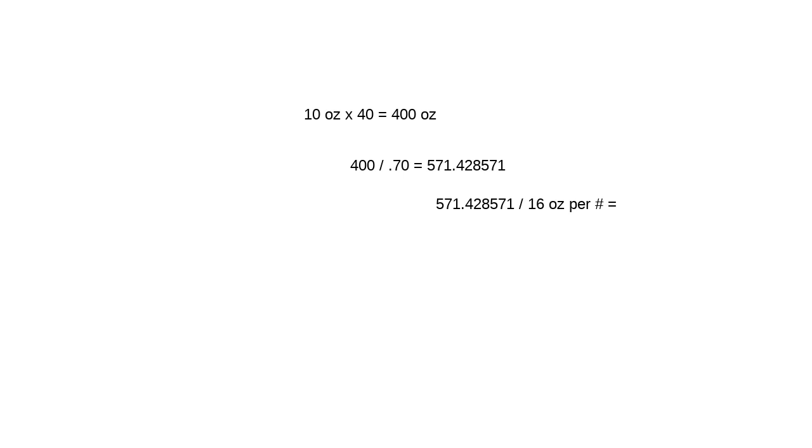So 3 strips per person, and there's 45 people, so we want to multiply 3 by 45. And that determines how many slices of bacon we need to cook off.